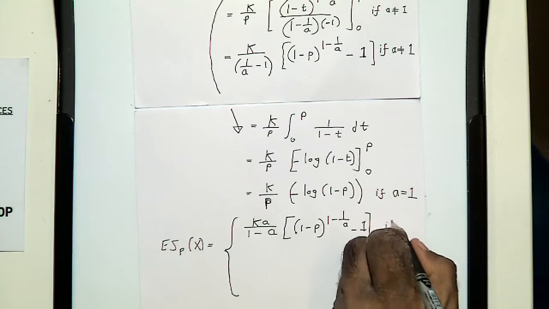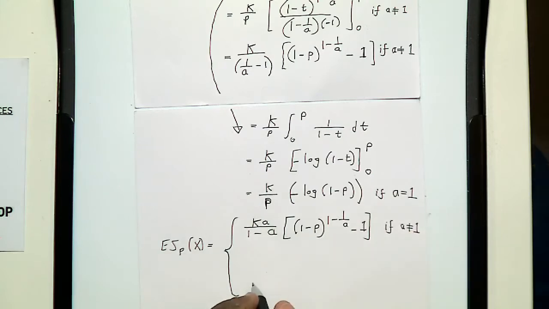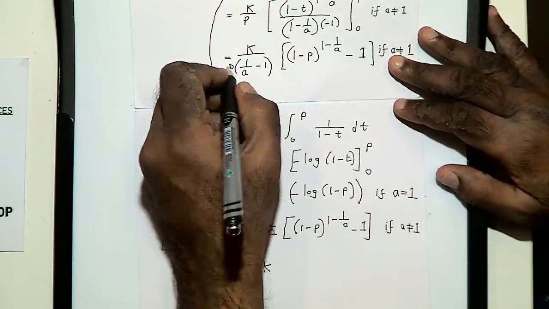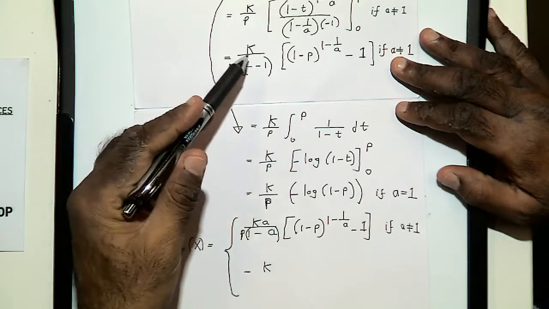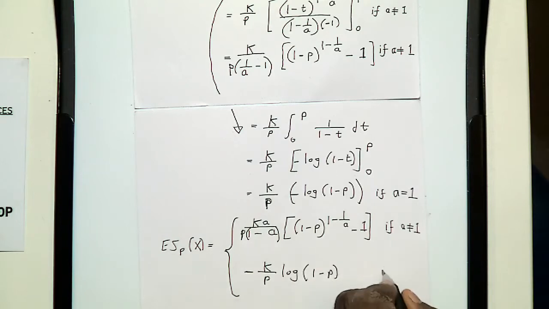This is if a is not equal to 1, and if a is equal to 1, then you have minus k. Or did I leave a p here? There should be a p, sorry. There should be a p here. Sorry guys for this. I left out a p. So this is what you have if a is equal to 1. Okay. All right guys, are you okay with this? Any questions?